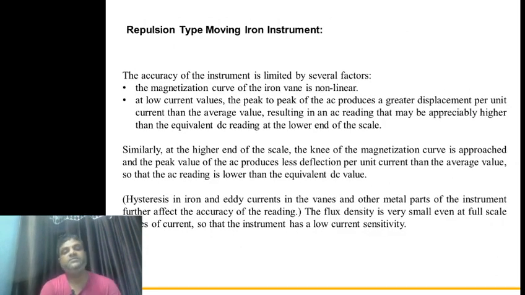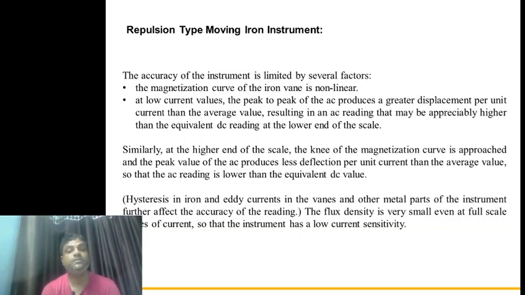So the accuracy of the instrument is limited by several factors. First, the magnetization curve of the iron vane, because it is non-linear in nature. If it is linear, then everything is okay. But if it is non-linear, then we require a non-uniform calibration. At low current values, the peak of AC produces a greater displacement per unit current than the average value.